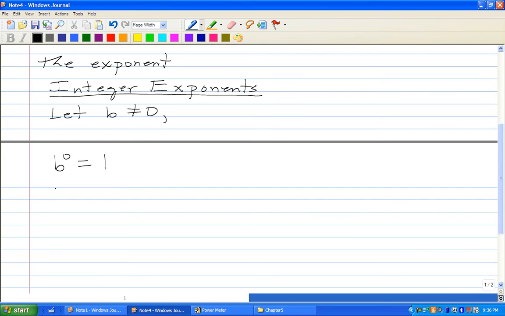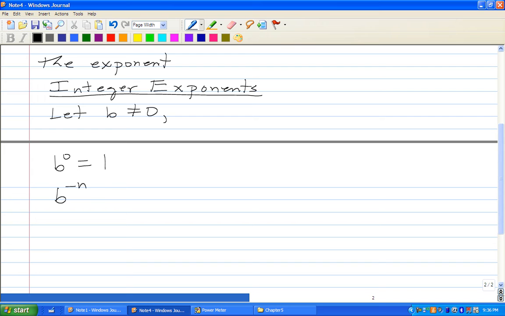And I'll define b to the negative n to equal 1 over b to the n. Again, where, like above, n is a natural number.